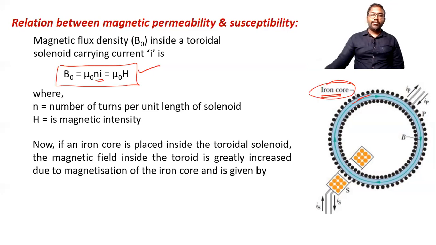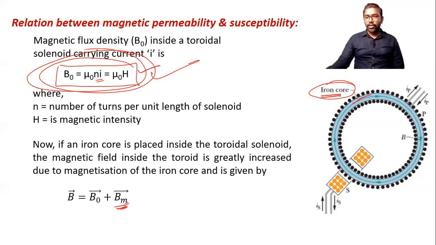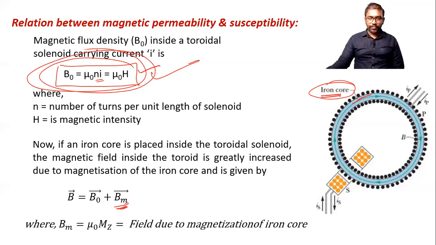The magnetic field of the toroid with the iron core is given by B0, this magnetic field, plus Bm. Bm is the magnetic field contributed by the iron core, and it is given by the formula mu 0 into Mz, where Mz is the magnetization.